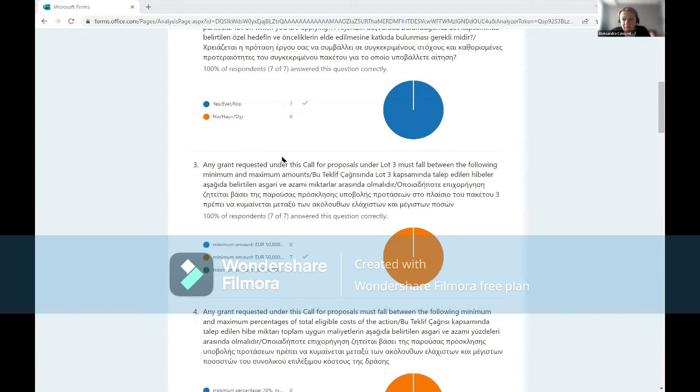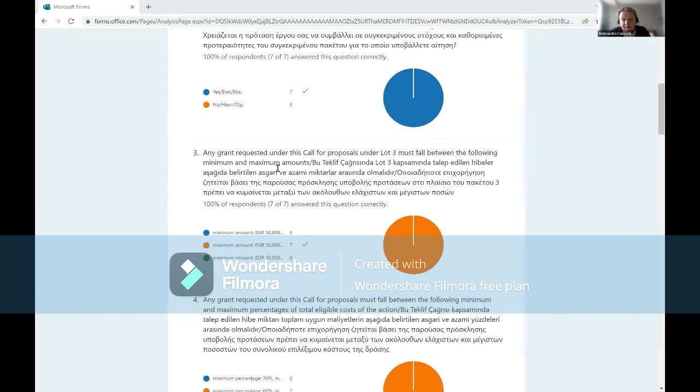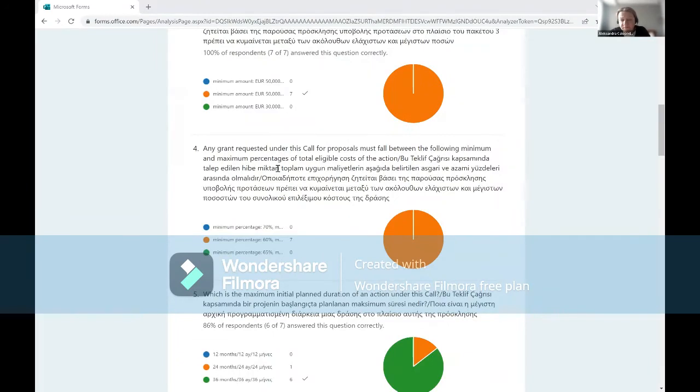Question number 3, also minimum and maximum amounts for lot 3. There are certain thresholds, minimum and maximum amounts of grants set for each lot within this call, and usually this is the practice in Europaid calls as such, and all of you have answered correctly this question as well.